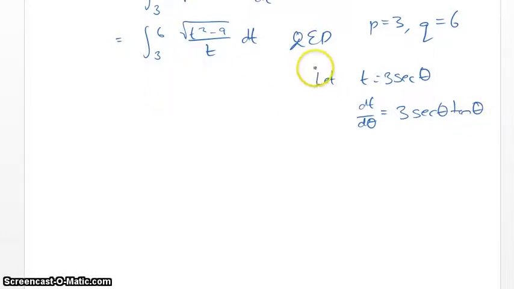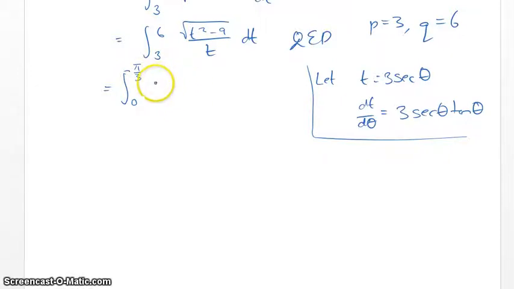So here we go again, integrating. Now, how do we get secant theta to equal 3? That happens when theta equals 0. How do we get it to equal 6? That happens when secant theta is equal to 2, which means that cosine is a half, that happens at pi upon 3.